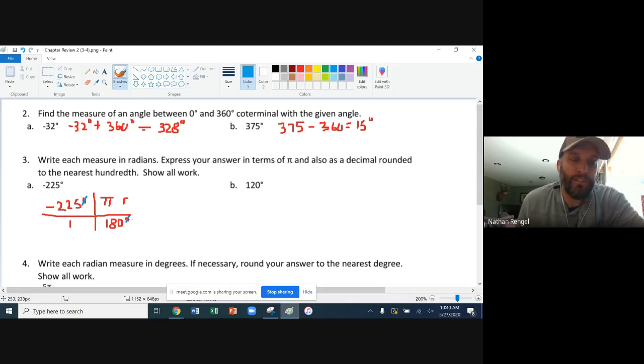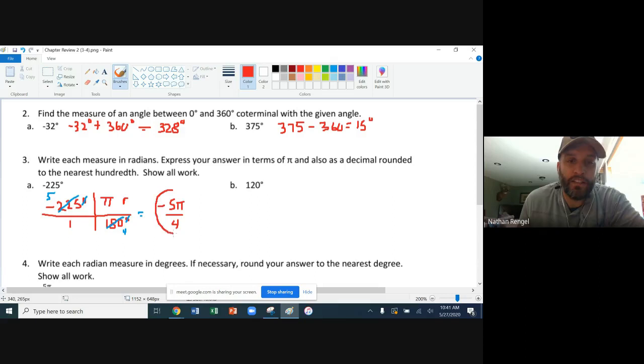Then 225 and 180 are actually both divisible by 45. So 225 divided by 45 is going to be 5. 180 divided by 45 is going to be 4. So negative 225 is going to convert to negative 5 pi over 4.